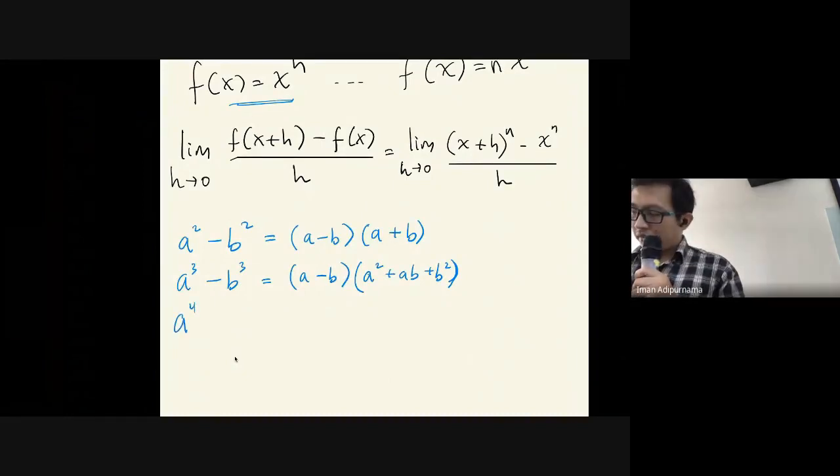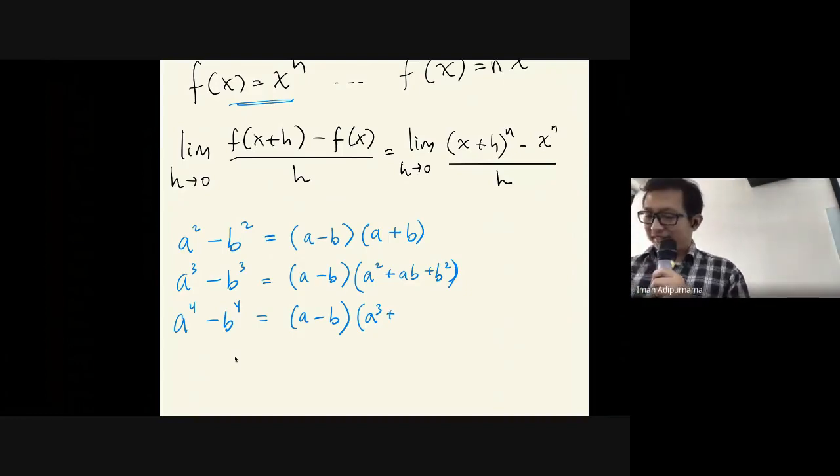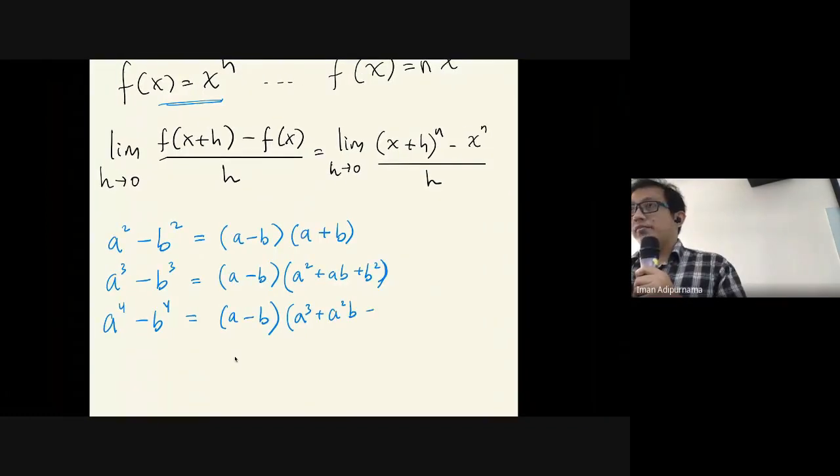How about 4? Before it was squared, but let's just guess. This should be cube, right? How about the next one? A or a squared, you can use both. So a squared b plus ab squared, right? Because that's the only possibility.